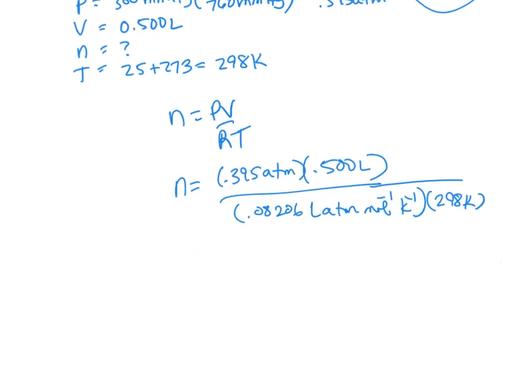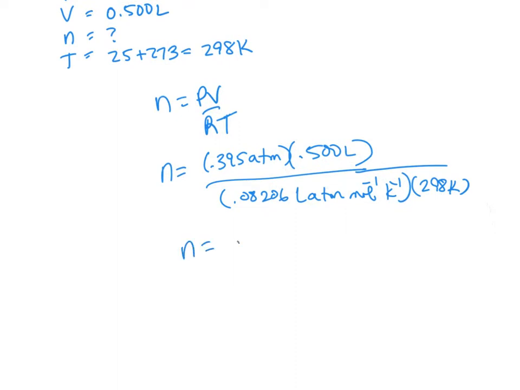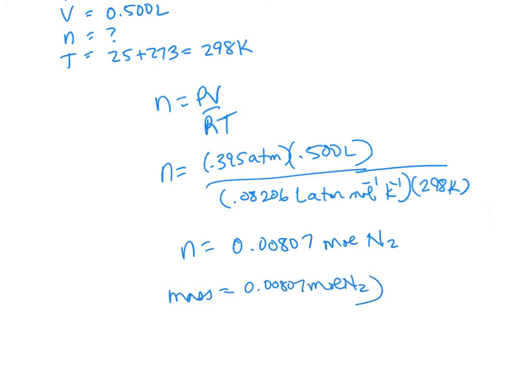All right, so solve for N. N is going to be 0.00807 moles of N2. And then you want to get mass of nitrogen. So you're going to take your moles, multiply times grams per mole, the molar mass, 14 for nitrogen.